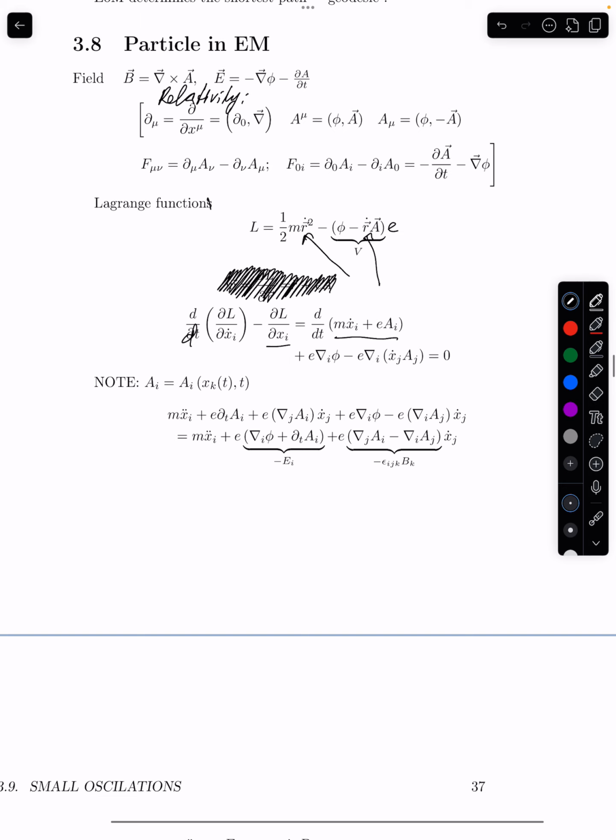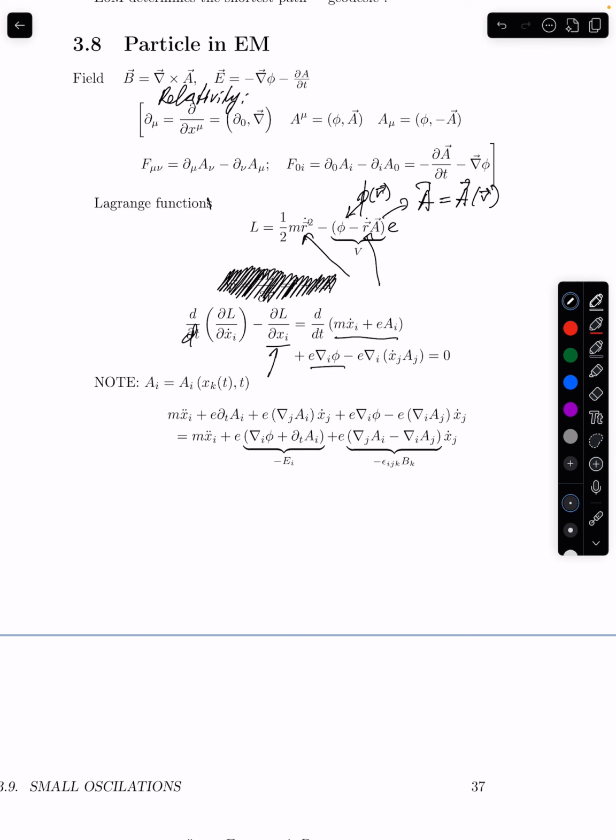Additionally, we will have also the contribution from taking the derivative of L with respect to x_i, and this comes about only because these fields are also functions of r. So phi is a function of r, and A is a function of r.